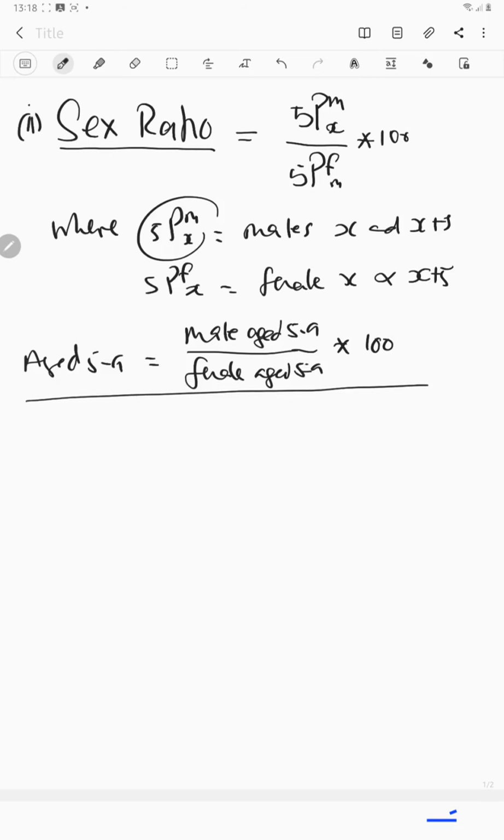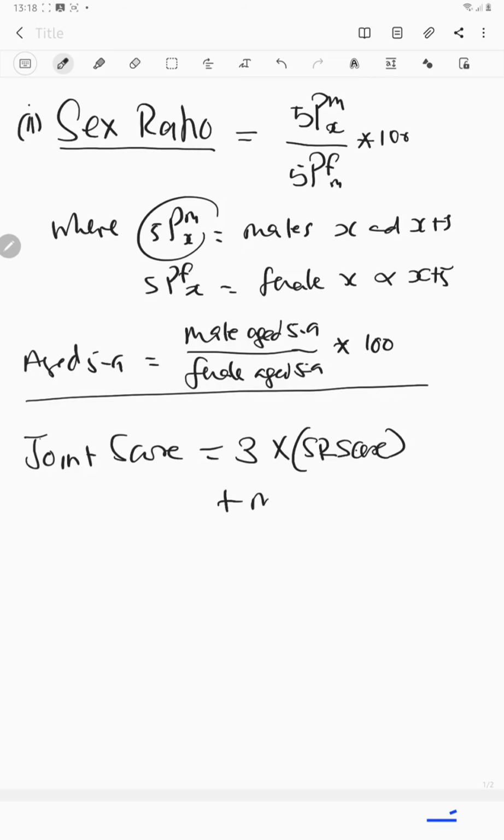Now example number 3, we have what is called the joint score. The joint score is given by the formula 3 times the sex ratio score plus the male and the female age ratio scores.